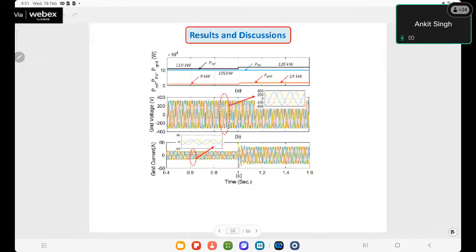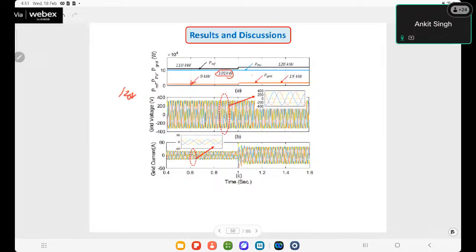So we can see here some dynamic analysis. If the reference power is 110 kilowatt, then 9 kilowatt is generated from the grid, and we are assuming that at 1000 solar irradiance, 101 kilowatt of power is generated. So the total reference power of 120 kilowatt is met.